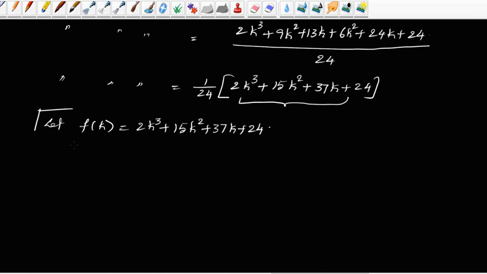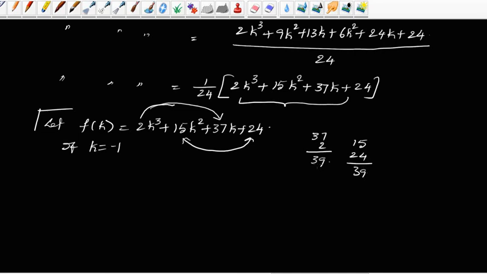In the same procedure as before, if k is equal to -1, it will be 0, because the odd power coefficients 2 and 37 sum to 39, and the even power coefficients 15 and 24 also sum to 39. The odd and even power coefficient sums are equal, so when we subtract them we get the answer 0. Therefore k is equal to -1 is one of the roots of f of k is equal to 0.